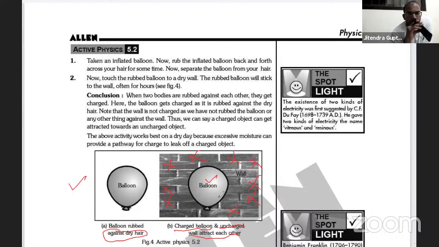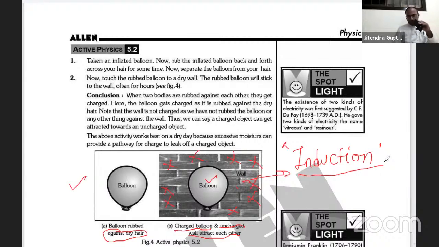Sir, due to induction. Good, very good, excellent. So why is she getting all the concept? Because she is trying to answer. And who wants to keep quiet, they will be quiet only. Can you explain why induction?